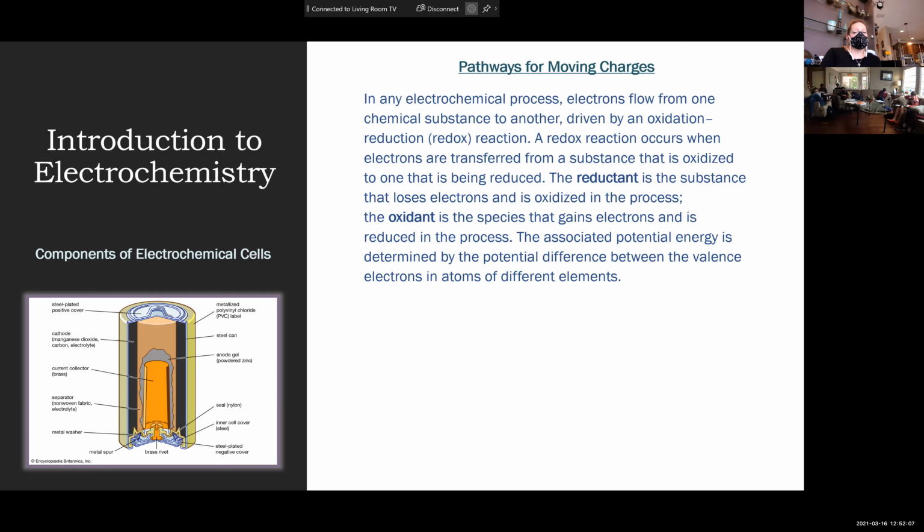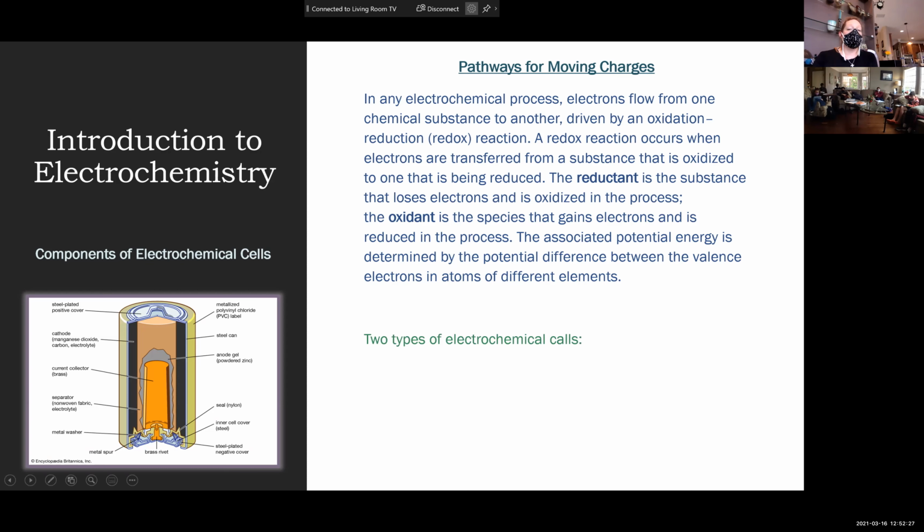The reductant is the substance that loses electrons and is oxidized in the process. The oxidant is the species that gains electrons and is reduced in the process. The associated potential energy is determined by the potential difference between the valence electrons in atoms of different elements.